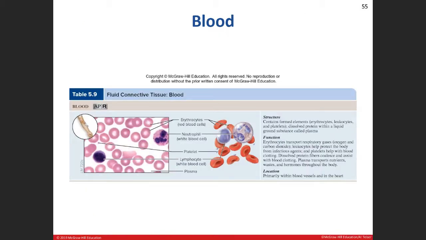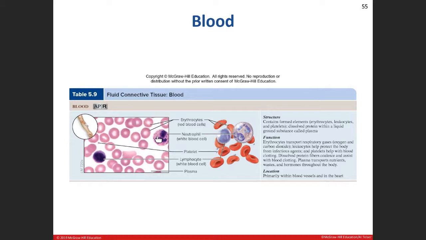All right, here's the blood. This is the blood smear that we've seen. You can see obviously the red blood cells. Those are the majority of the cells that we see. They're biconcave like a donut, except it doesn't have the center missing. And then these bigger cells over here are going to be your leukocytes, your white blood cells. This one's a multi-lobe, this is the nucleus, believe it or not. All this dark stuff here is what we call a multi-lobe nucleus, and that's the neutrophil.